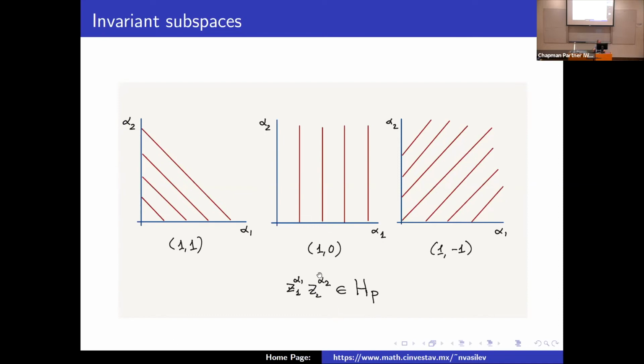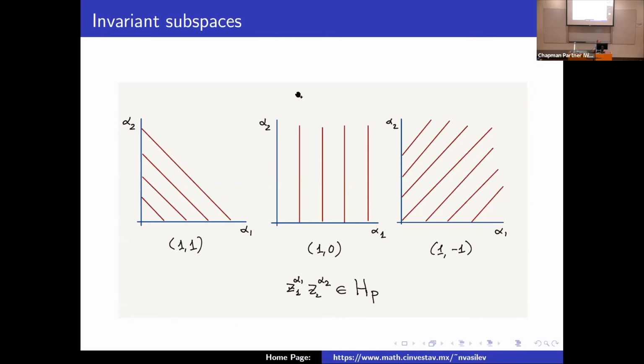In the case kappa (1, 0), lambda 2 is 0, and lambda 1 takes the values 1, 2, 3, each one.